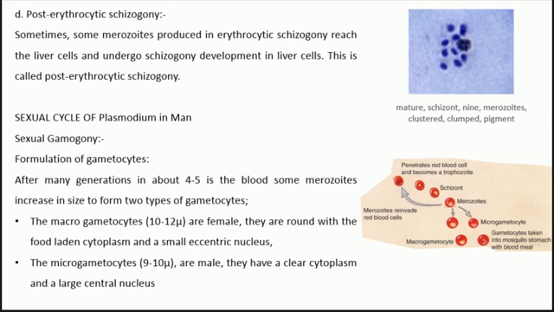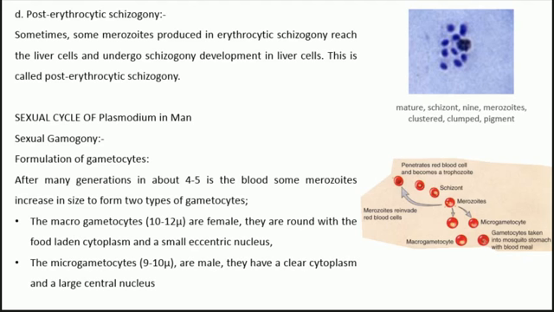As we know, when the mosquito starts sucking blood, at that time both macro and micro gametes enter into the mosquito, and from there onwards the next cycle starts.